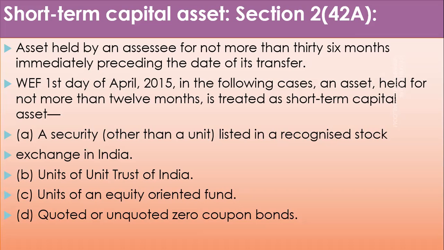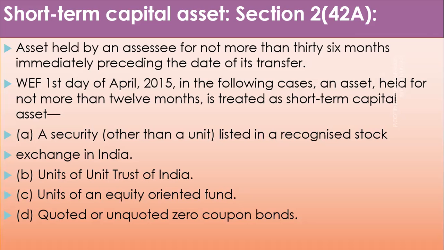Let me correct myself, because this rule has come into effect from 1st April 2015, so 1/1/2000 will not be applicable. If on 1st January 2018 I bought a share of Reliance, and I sold it before 31st December 2019, it would be considered as short term under section 2(42A).